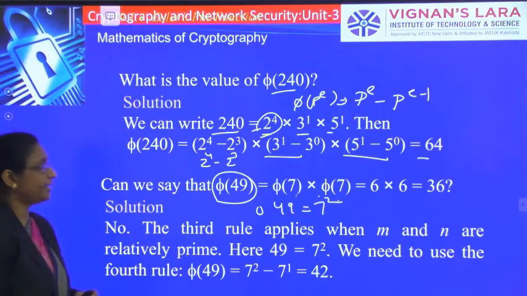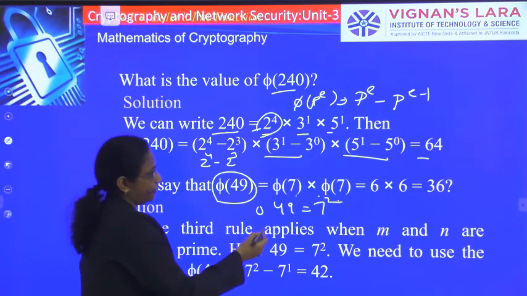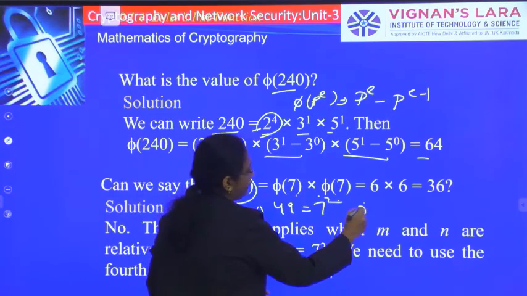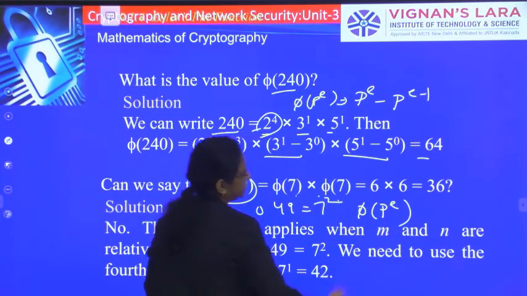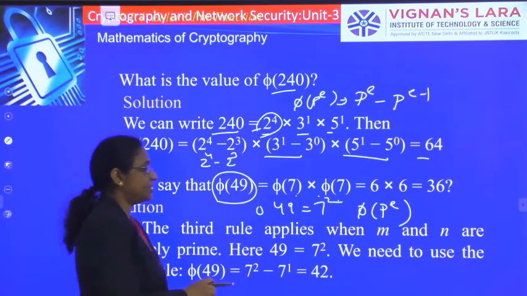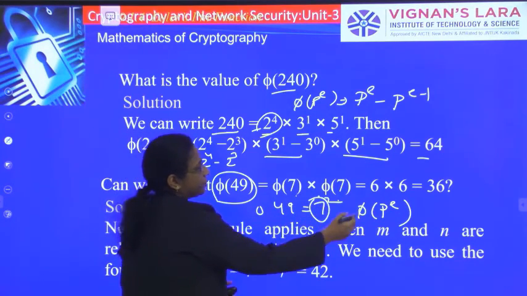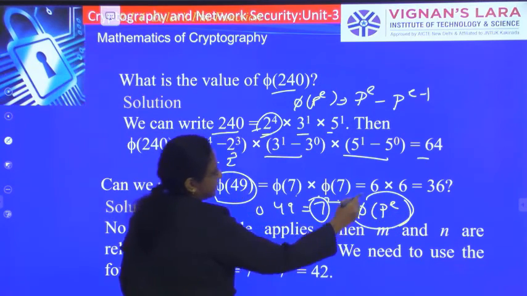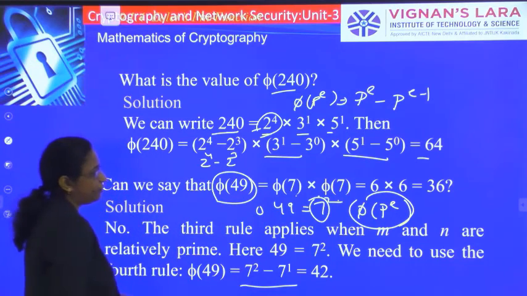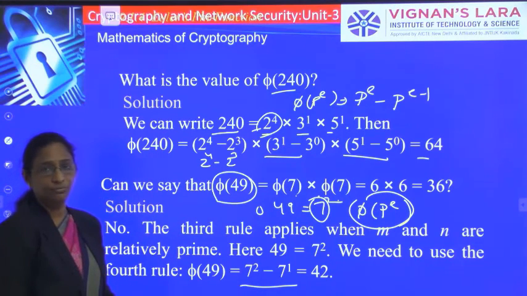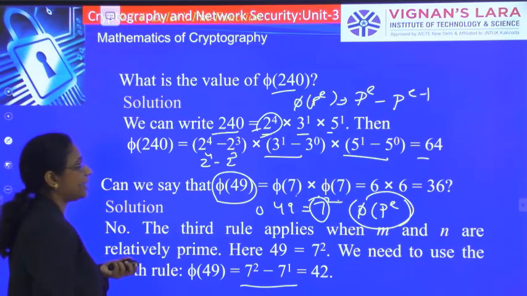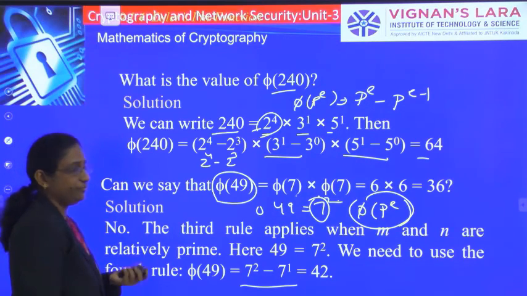It is of the form p to the power of e, and 7 is prime. So you have to write 7 square minus 7 to the power of 1, which is equal to 42. That is another example of the Euler totient function.